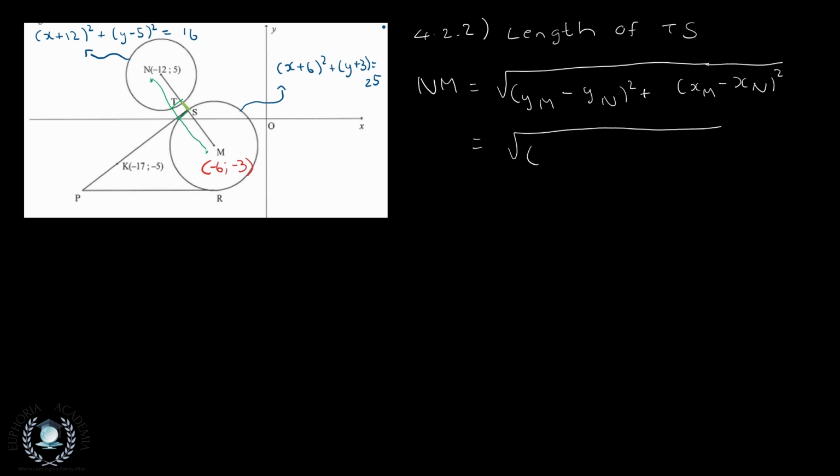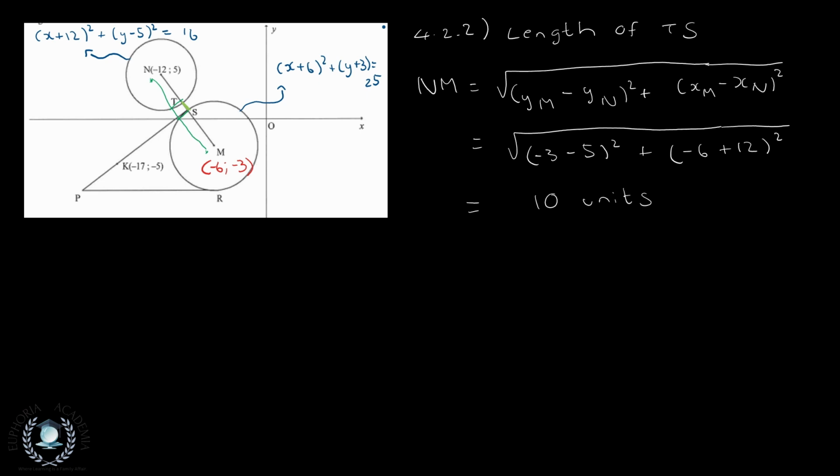We're going to have minus 3 minus 5 there, and we're going to square that result, plus minus 6 plus 12. I'm going to square that, and the result that we're going to have is 10 units.